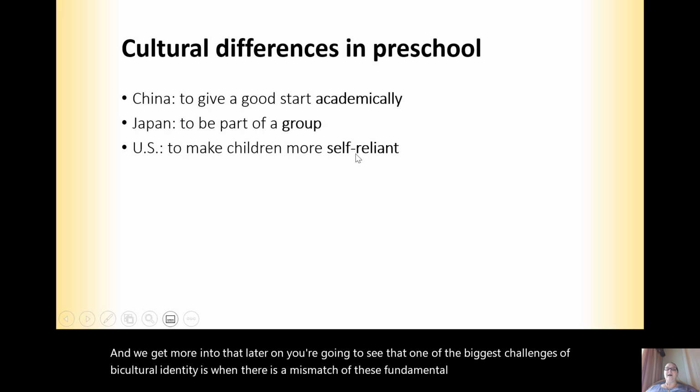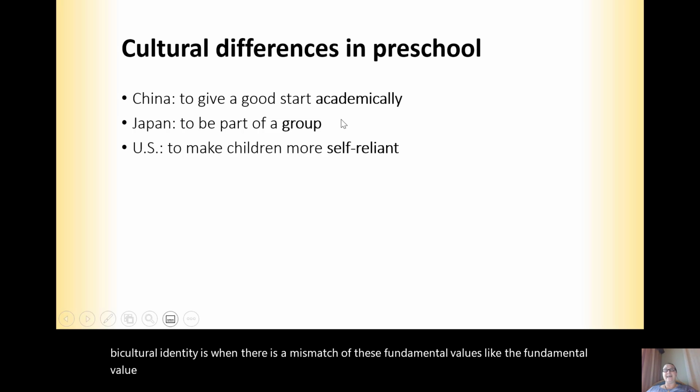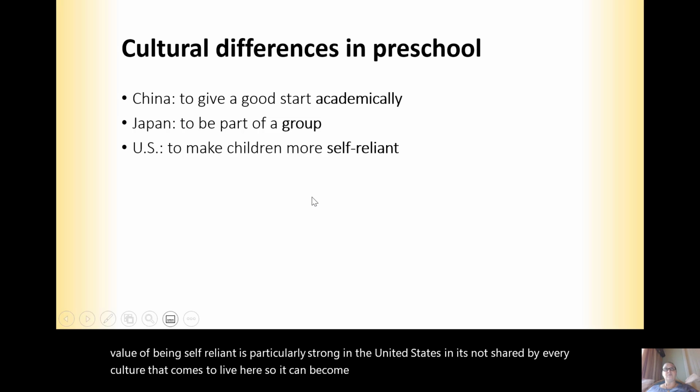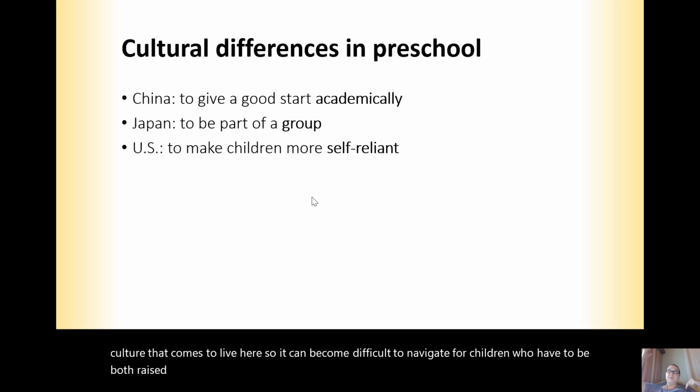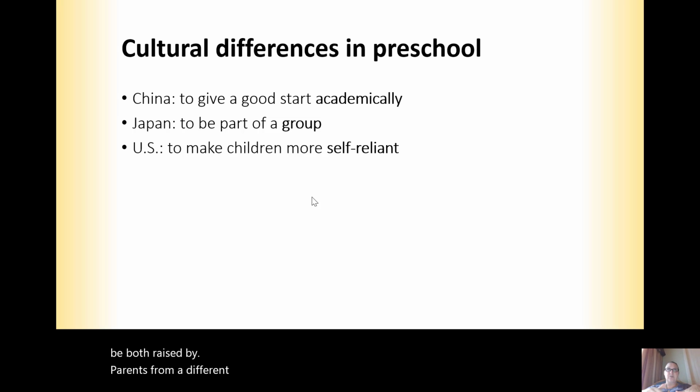Like the fundamental value of being self reliant is particularly strong in the United States, and it's not shared by every culture that comes to live here. So it can become difficult to navigate for children who have to be both raised by parents from a different culture and integrated into the US culture when the values collide.